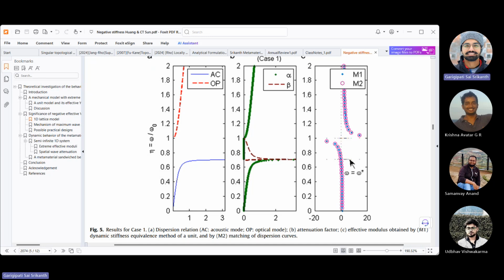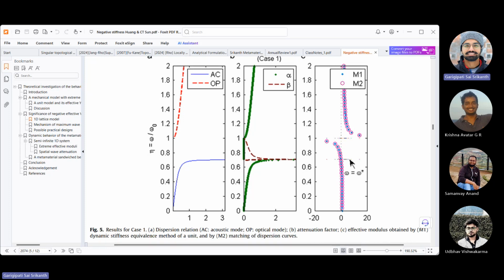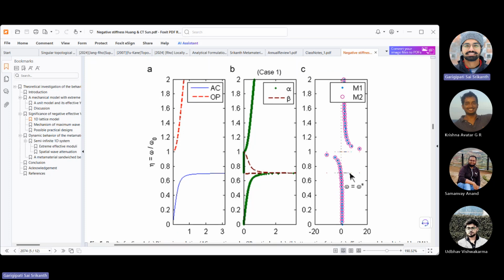Yeah, so this is, I think, the first subplot is the dispersion relation, where blue is the acoustic mode, red is the optical mode, the red dashed line.